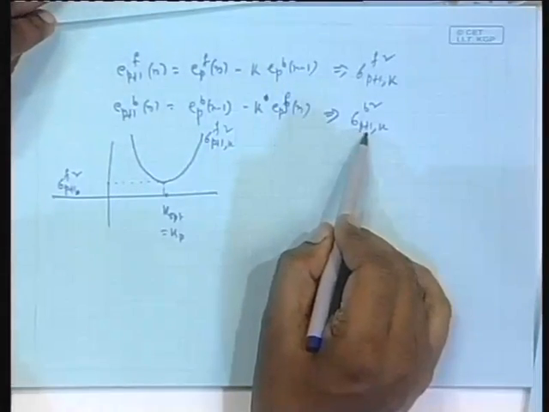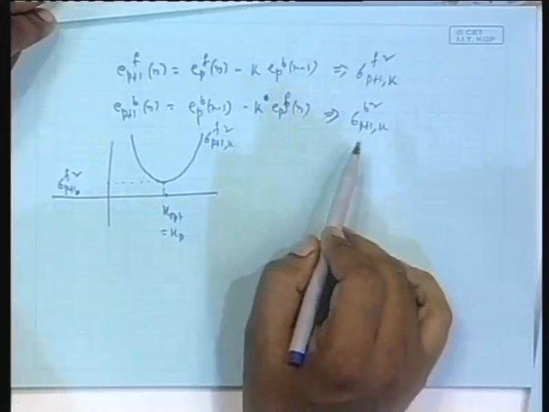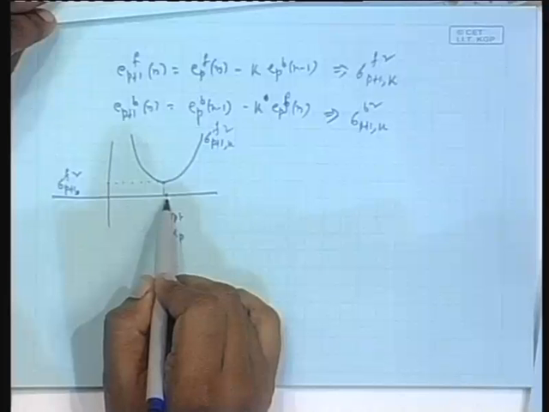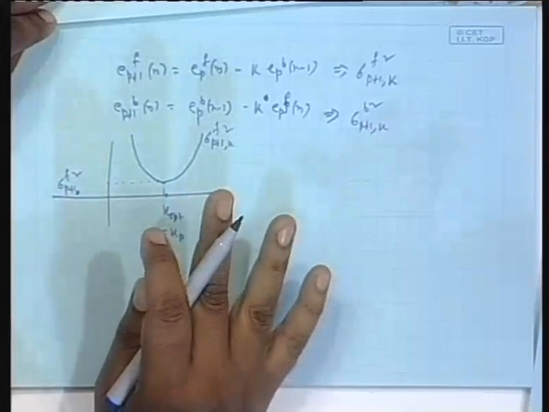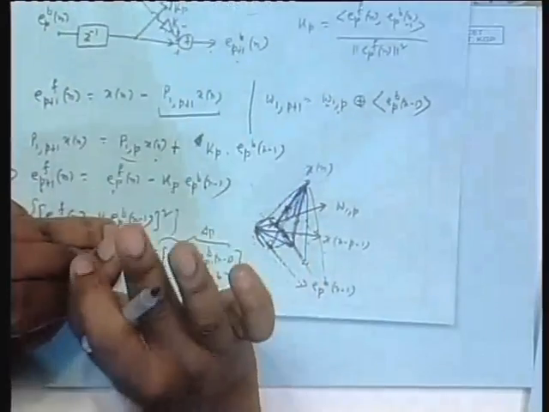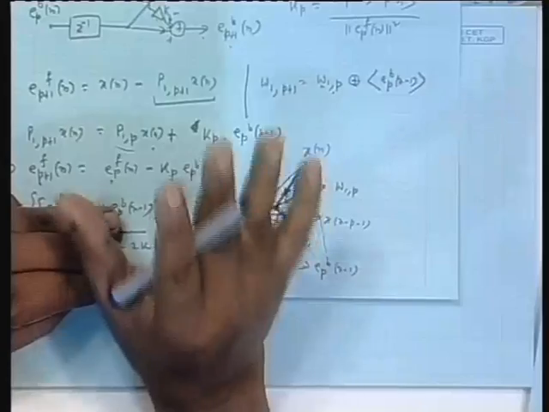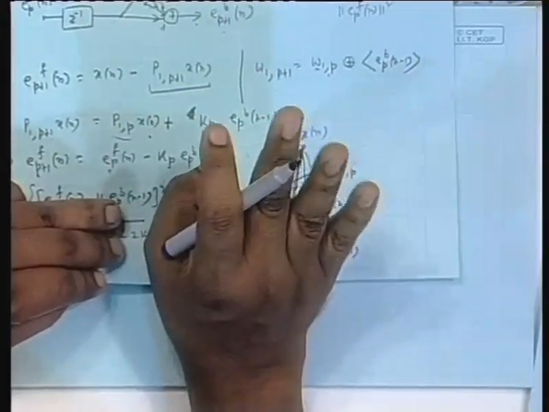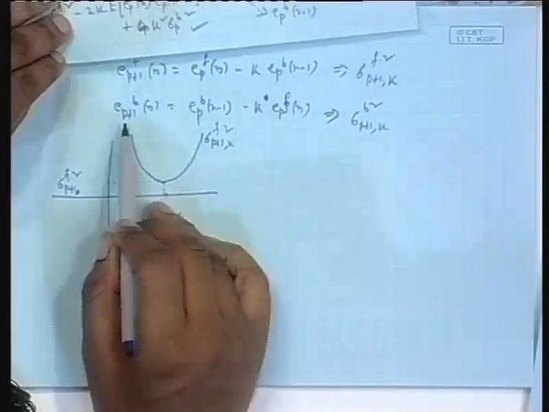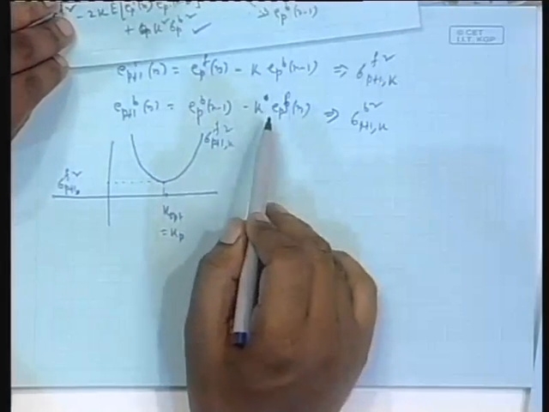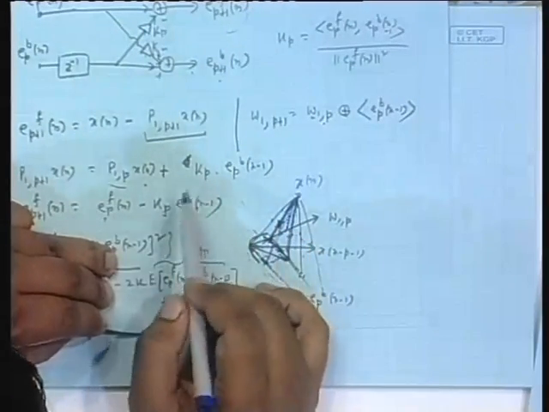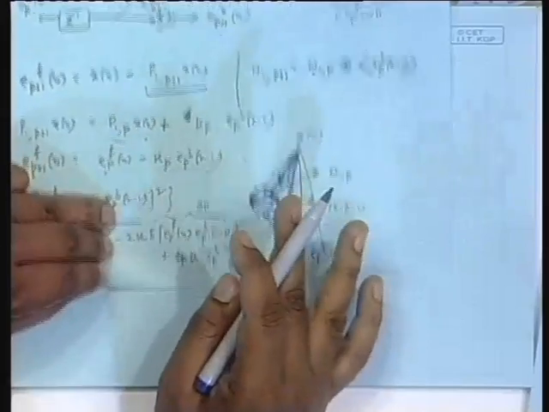Similarly, if you plot this, it will again be a quadratic function of k. That minimum will occur at the same k, isn't it? From our theory, because we know from the theory that the two kp's are the same under the real case. If you go back to the theory, with no LMS now, proper lattice and all, we know that this also will be a quadratic function, its norm variance will be a quadratic function of k, and that will be minimized at k equal to the same kp under the real case, because under the complex case it is kp and kp star, but now kp and kp.